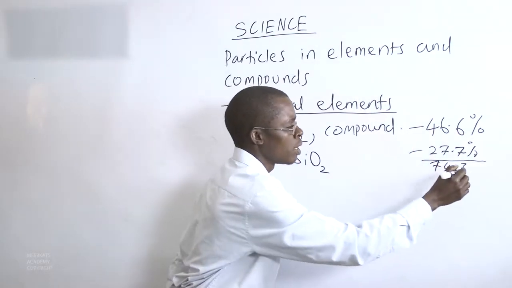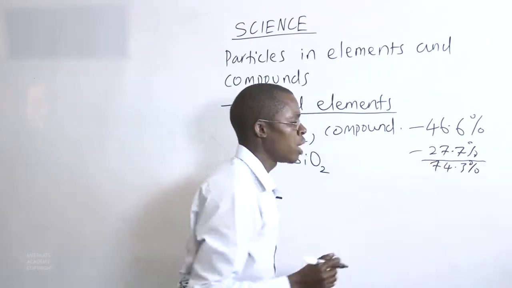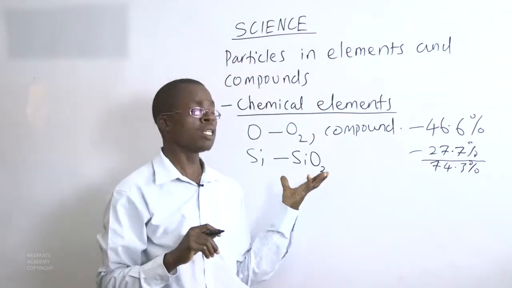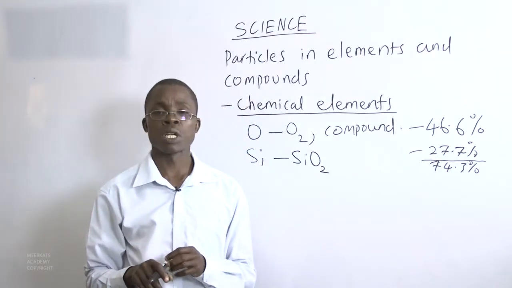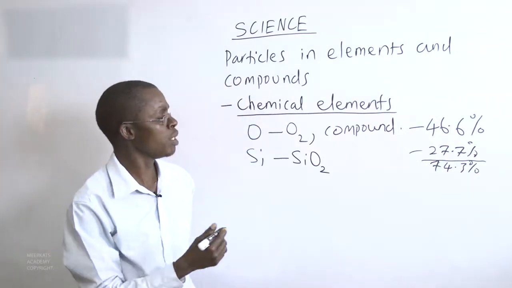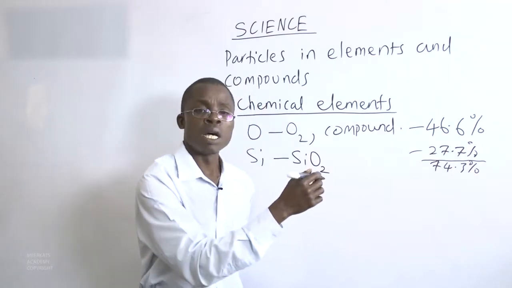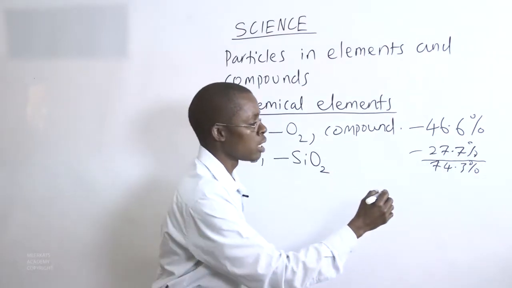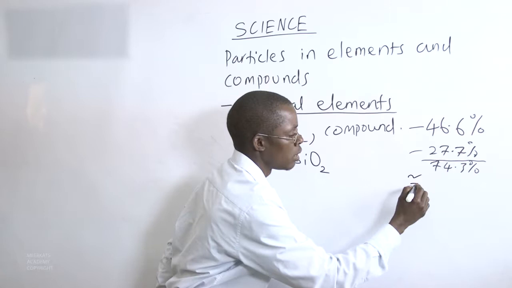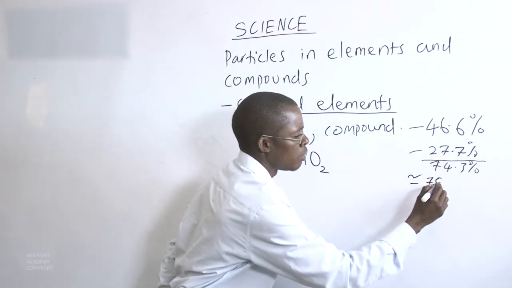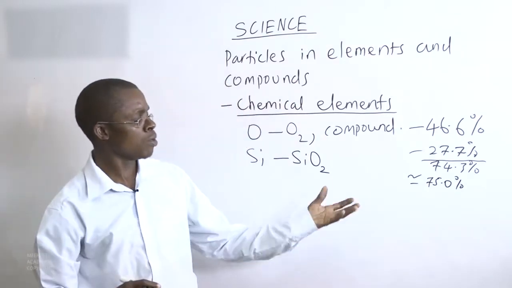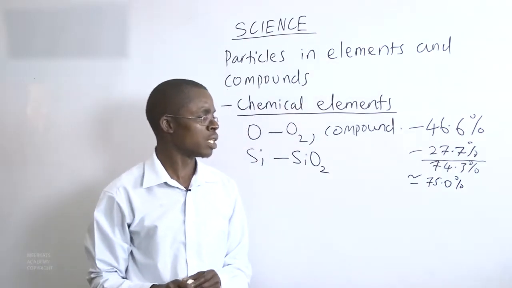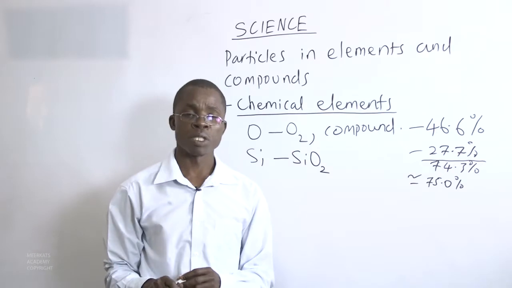So we are having a combined percentage of only these two, oxygen and silicon, at 74.3%. So you can roughly put non-metals percentage occurrence at around 75.0%. Why add on maybe the 0.2% so that you can reach 75%?